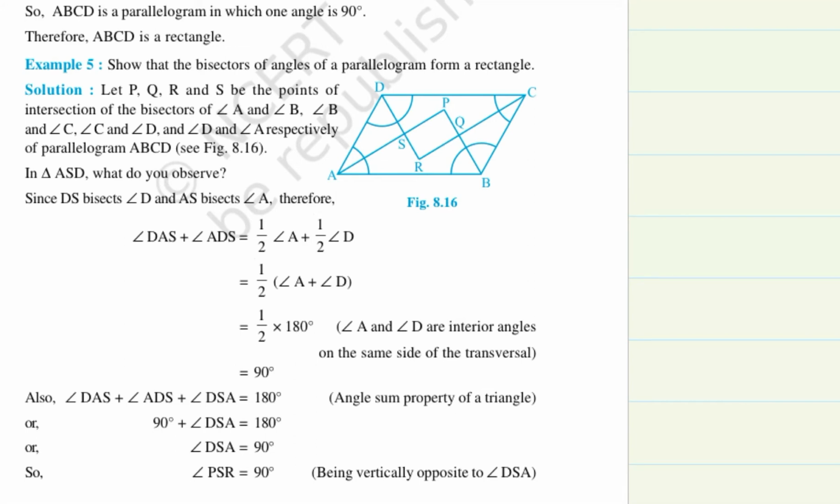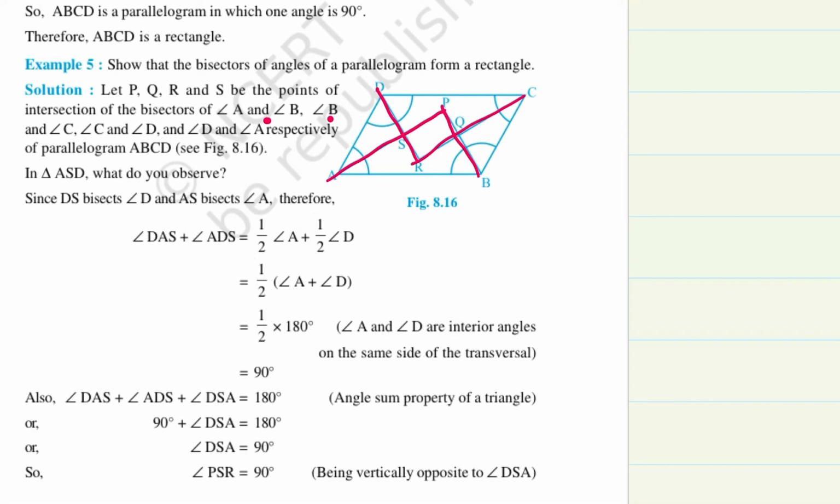Now let P, Q, R and S be the points of intersection of the angle bisectors of angle A, angle C, angle B and angle D. Now we know that angle A and angle B, angle C and angle D, and angle D and angle A are respectively angles of parallelogram ABCD.